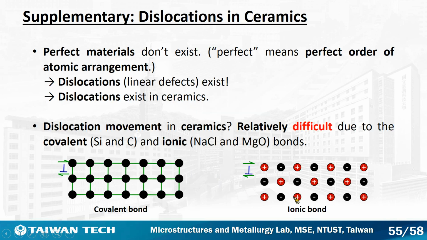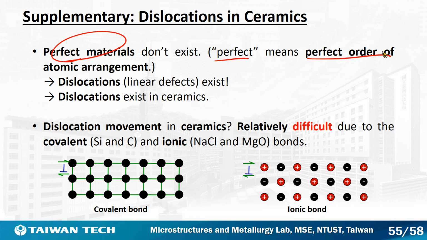Okay, and let's talk about some supplementary information for dislocations in ceramics. As we learned, this is the dislocation in metals, right? And these ones are dislocations in ceramics. So we must know that perfect materials don't exist.